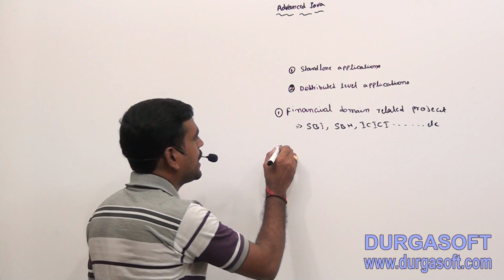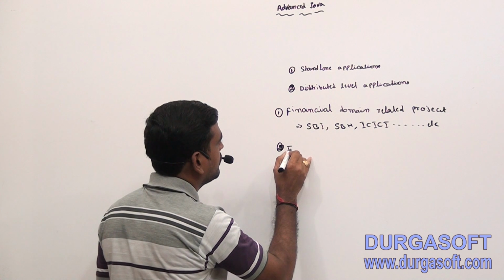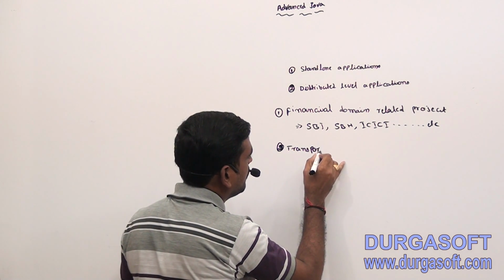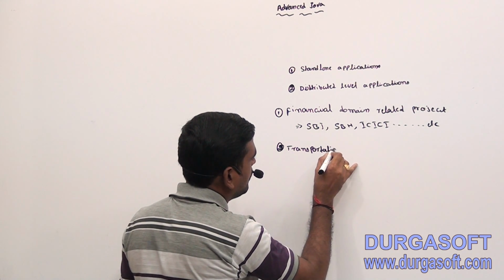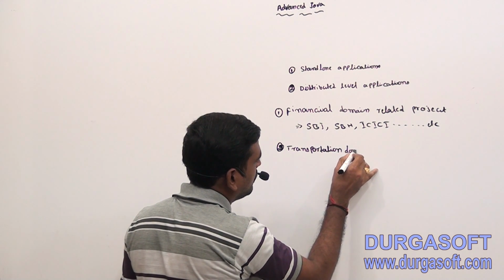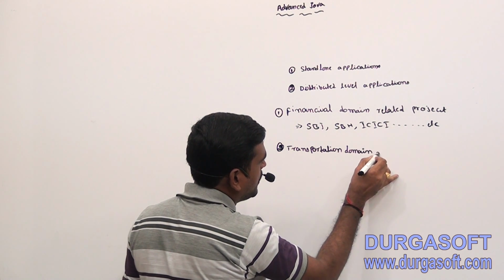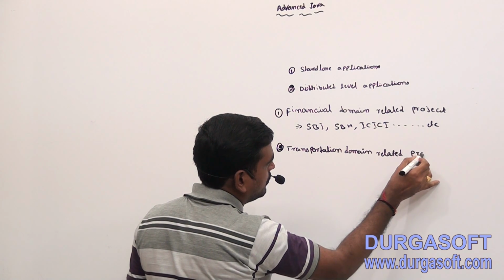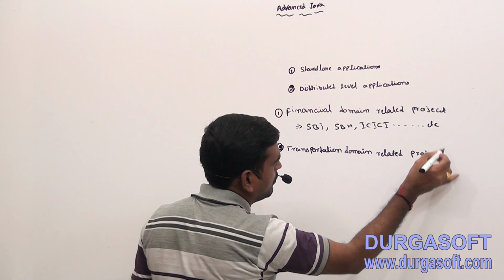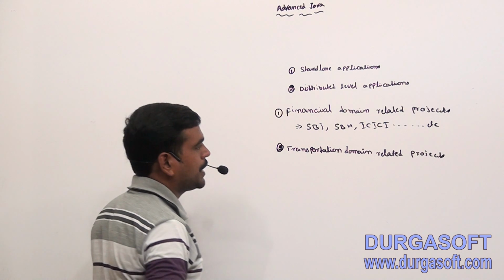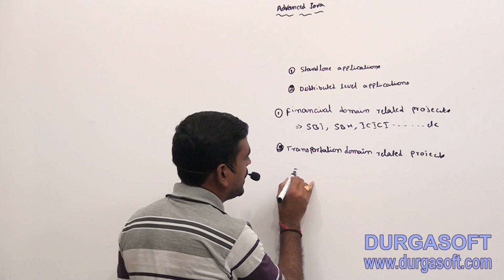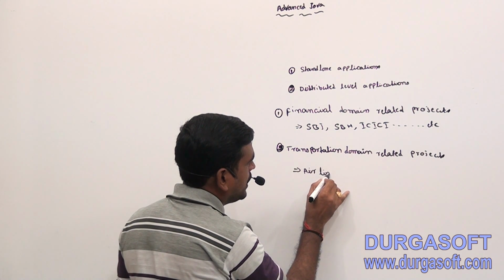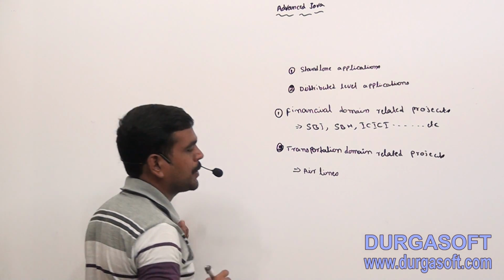For example, transportation domain related projects. Transportation means, for example, airlines. Airlines is one of the projects.